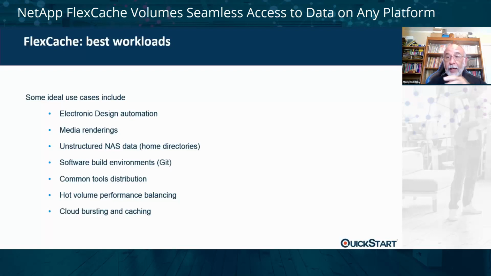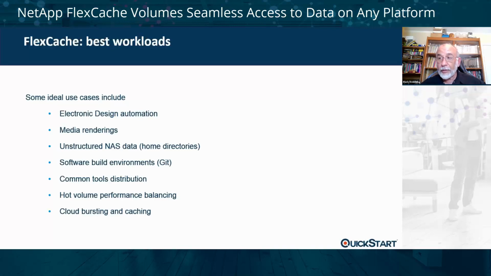Unstructured NAS: I have huge amounts of data in home directories, with different people working in different offices all over the world. I could set up these caches and they will have access to their files in their home. And then when they make changes and writes, those will push through to update the origin. Everyone will see the new updates.